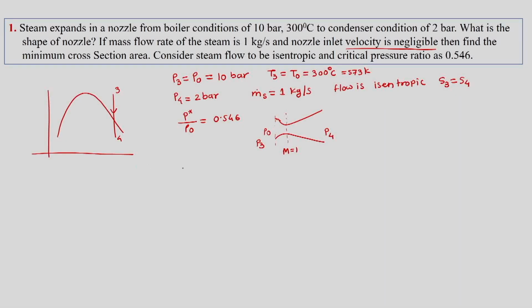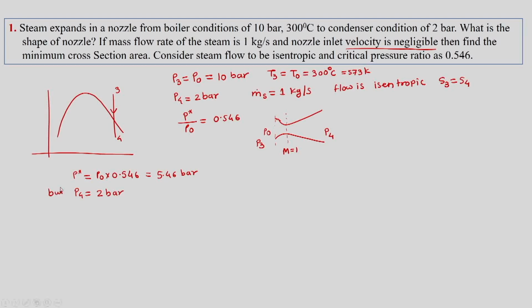So we can find out P star is equal to P naught into 0.546. Since P naught is 10, it will be 5.46 bar. But we are told that P4 is equal to 2 bar.